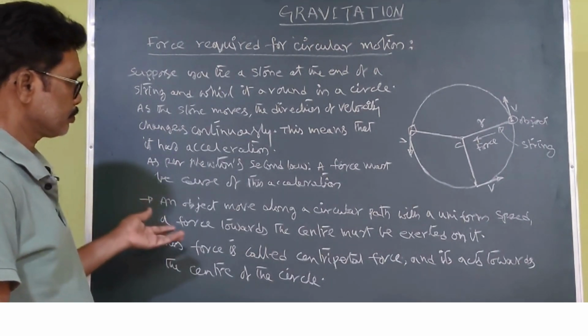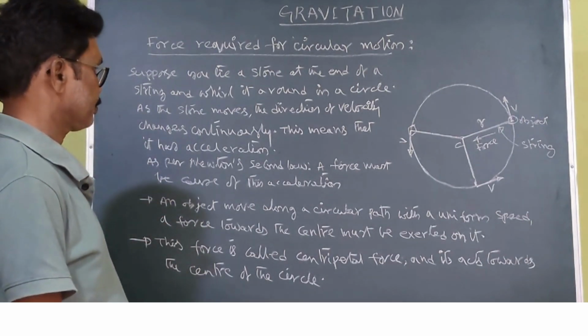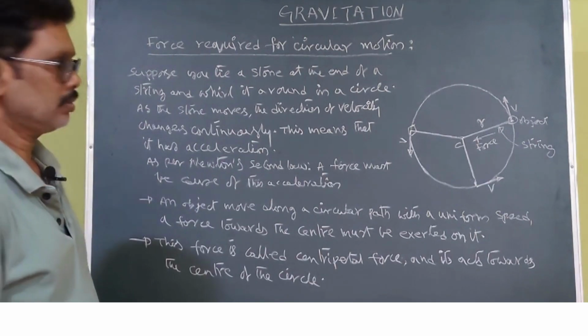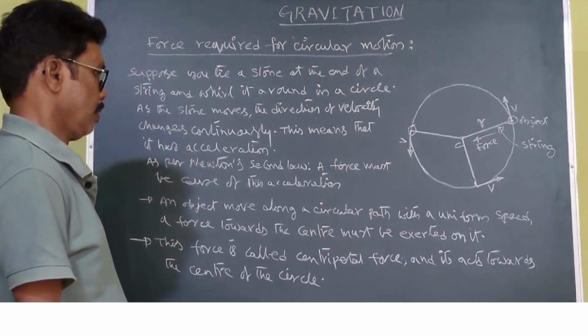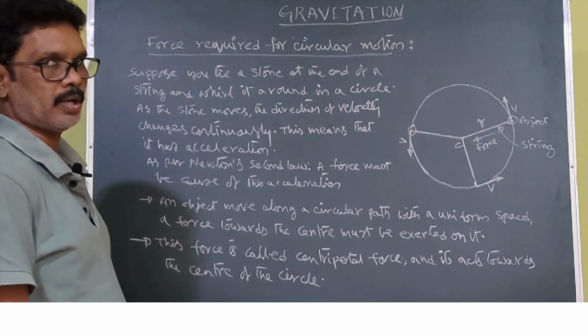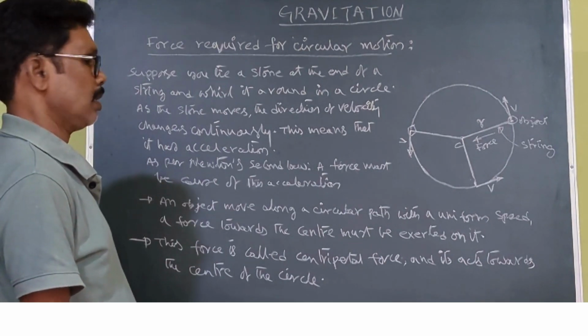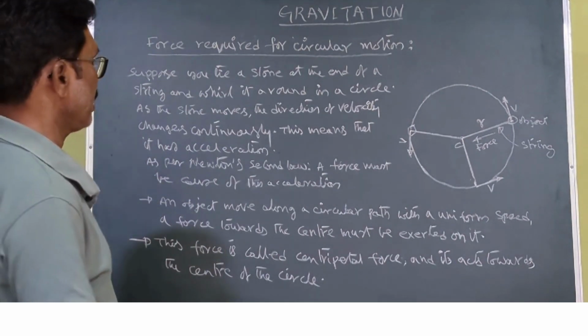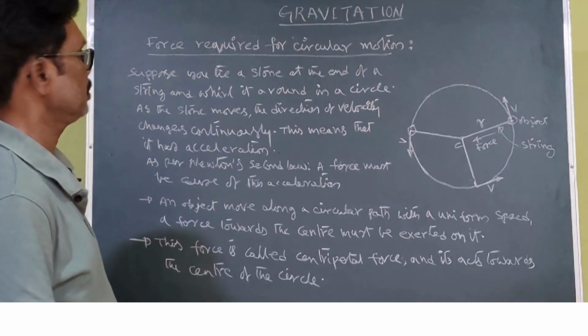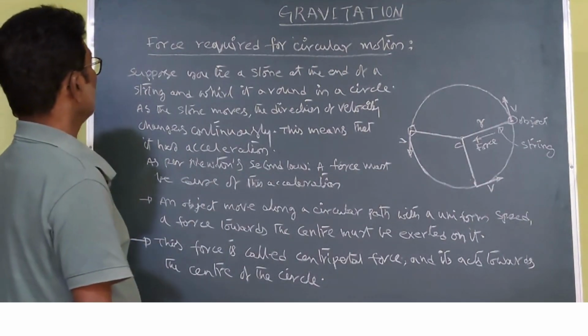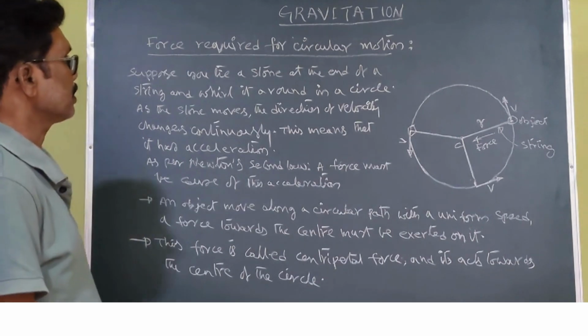Already we learned, according to Newton, force equals G, the constant of gravitation, times mass m1 times m2 divided by r square between the two particles. The next topic to learn is the force required for circular motion.